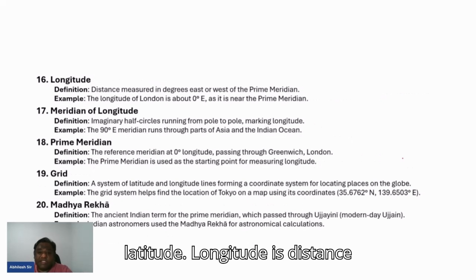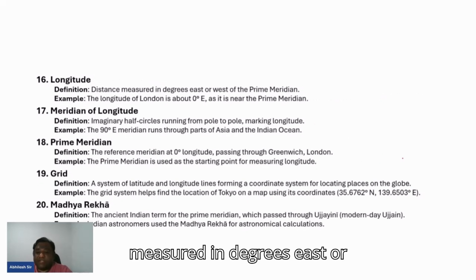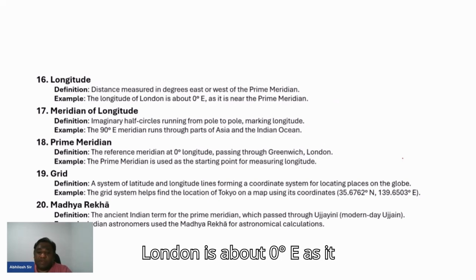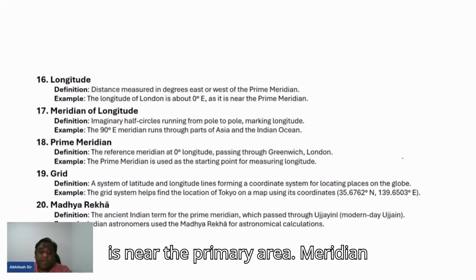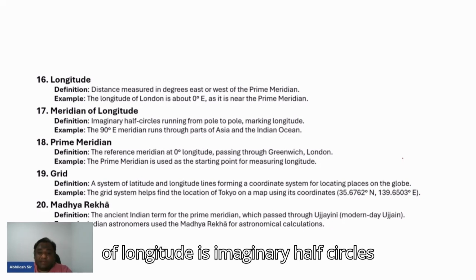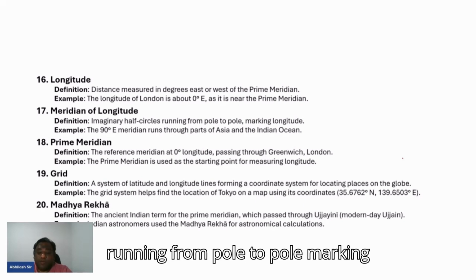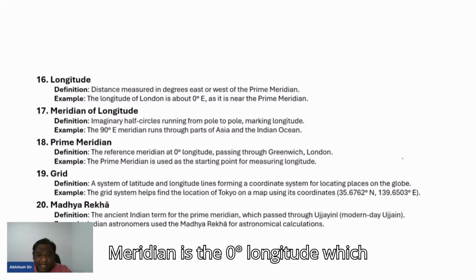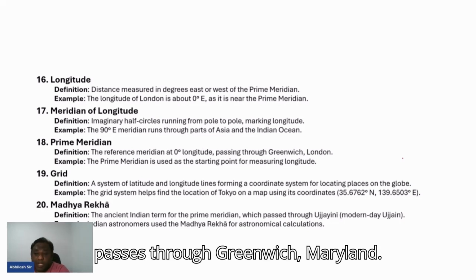Longitude is distance measured in degrees east or west of the prime meridian. The longitude of London is about 0 degrees east as it is near the prime meridian. Meridian of longitude is imaginary half circles running from pole to pole, marking longitudes. Prime meridian is the 0 degree longitude which passes through Greenwich, London.